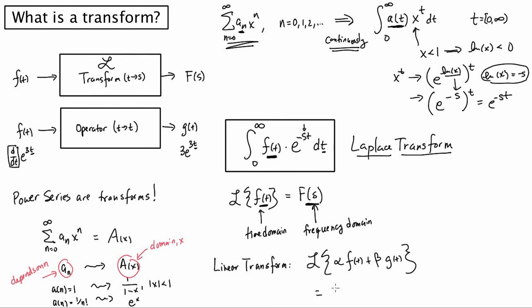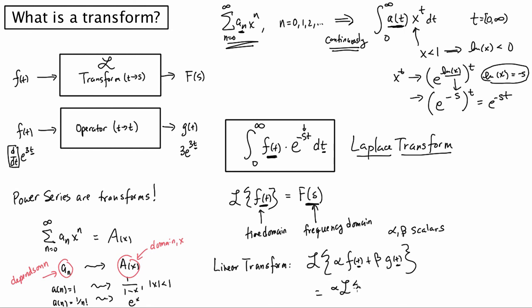This means that if I think of L as being the integral, we all know that you can take scalars, which is what alpha and beta are here, and move them outside the integral. I can take scalars and move them outside the transform. The transform only acts on things in the time domain, not the scalars.